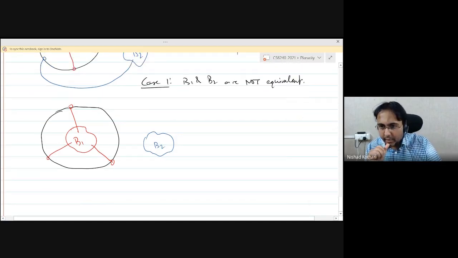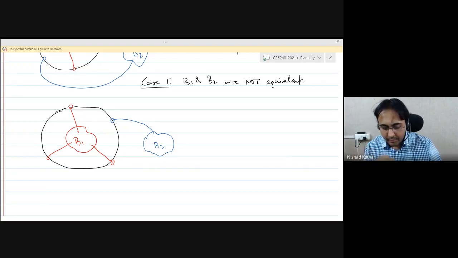Now they are not equivalent, which means that you can find a vertex of attachment of B2 which is not the same as the vertices of attachment of B1, or other way around. So you may have to relabel B1 and B2. So one of them could have all its vertices of attachment being a subset of the vertices of attachment of the other one. Okay, but if you relabel B1 and B2, you will be able to find a vertex of attachment of B2 that lies between two vertices of attachment of B1. It lies on one segment.